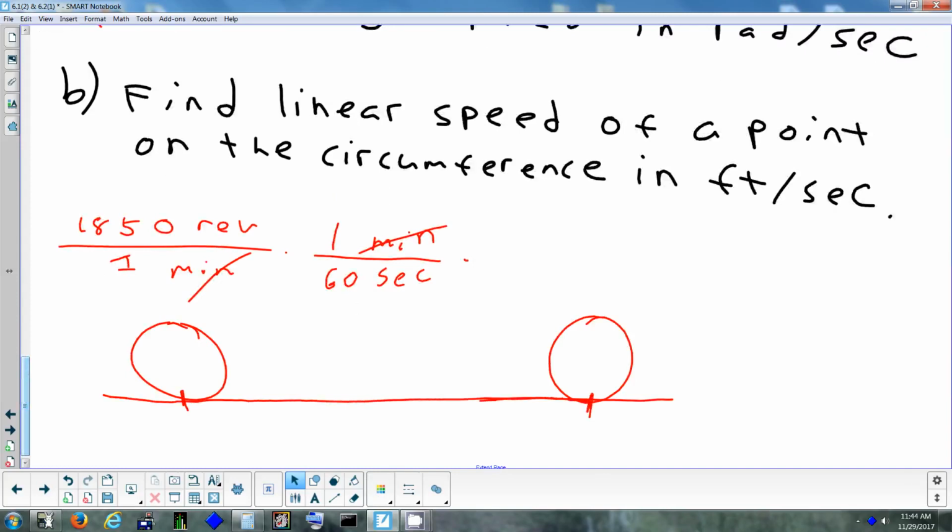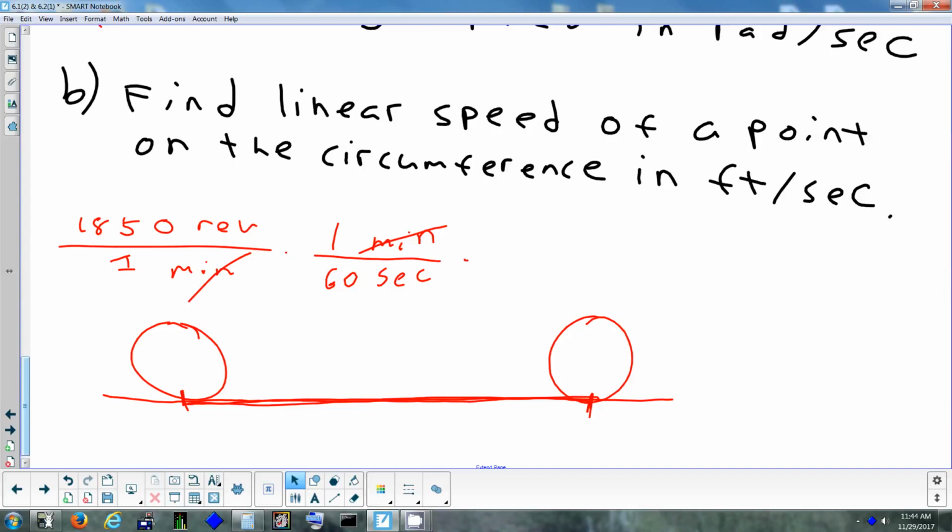The distance between these two marks is what we're trying to figure out. How far is it between those two marks if that tire rolls one time and then stops? It's the circumference of the tire.